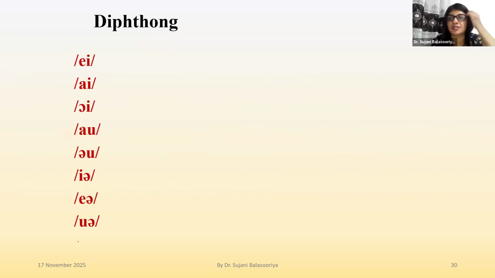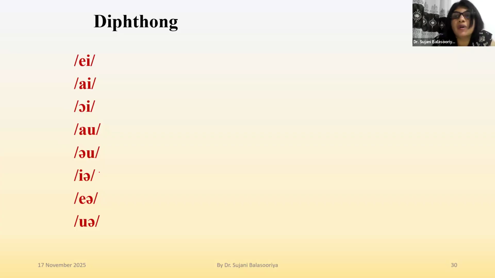So you need to have a clear idea regarding the diphthongs as well, especially their pronunciation and the phonetic symbols. These symbols are already familiar now. The only difference is I have combined two symbols together within the same unit.